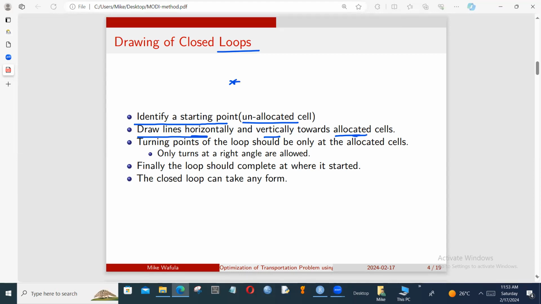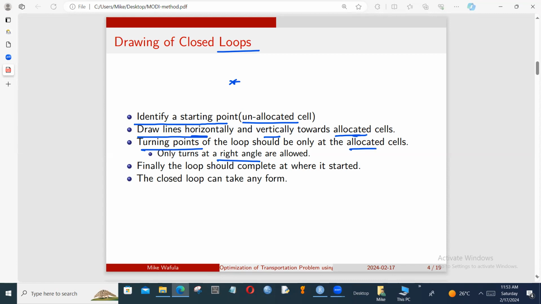And then another thing is that it can only be a loop, of course, if we are going to make some turns. But the turns here, we are emphasizing that the turns must only be 90 degrees, that only turns at right angle are allowed. And these turns, you only turn towards a direction where there is a cell with some units allocated to it.